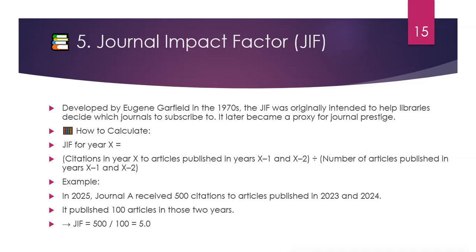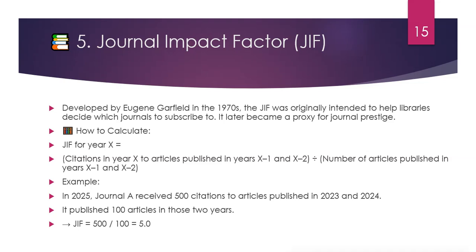IF is more commonly written as IF. IF for year X is equal to the citations in year X to articles published in the 2 previous years, for example X minus 1 and X minus 2, divided by the number of articles published in those 2 years.